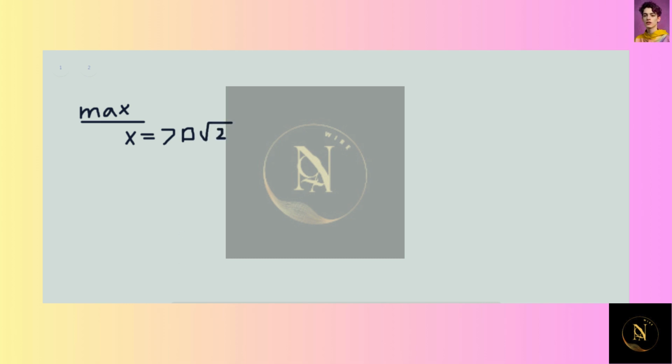So it's going to be 7d, which is equal to the velocity in the x direction, which is root 2 over 2, multiplied by the time. Therefore, the time is equal to 7 times d times root 2 divided by the initial velocity, v naught.